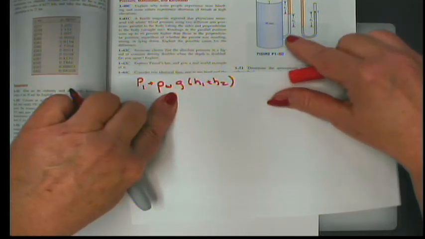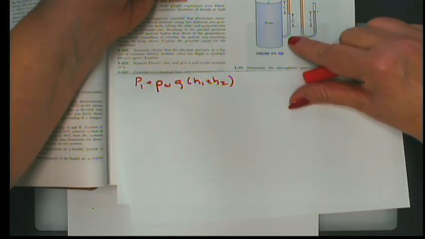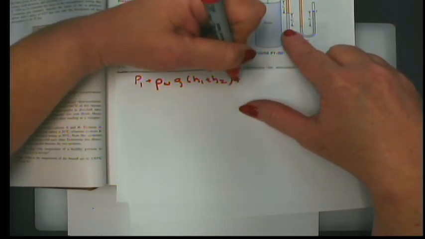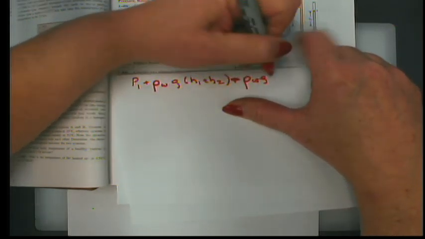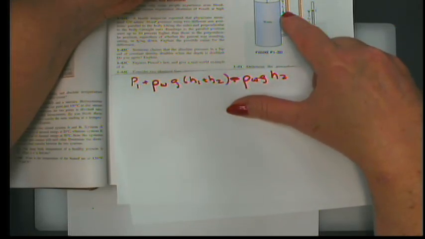Then we come back up to this point. I guess you're going to subtract off H2 the way I have it written out. So we have, then we're going up. So it's minus rho water GH2. And then we come up.